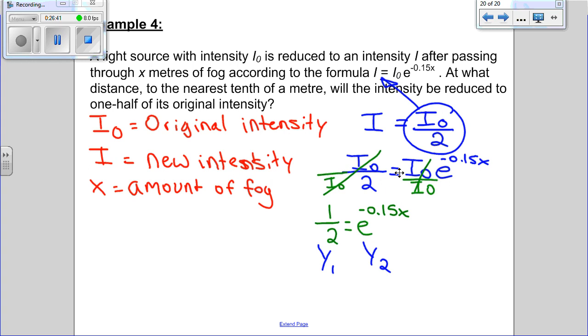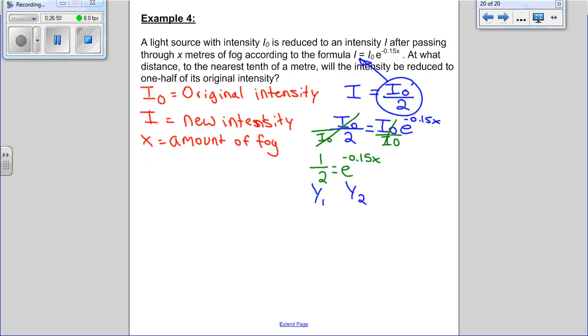If I had something crazy like 10 over 6 to the power of 2x plus 5 equals 200 divided by 16 to the power of 5x, I can just graph y1, y2, find where they cross each other. So that works for everything.